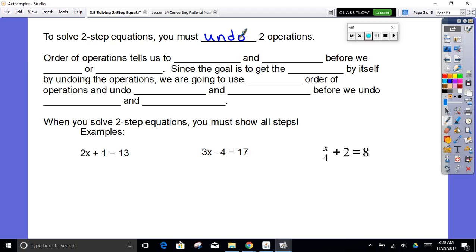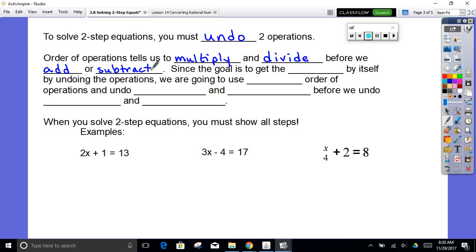Order of operations always tells us that we multiply and divide before we add or subtract. So if we look at this example down here, the 2x plus 1 equals 13, if we were evaluating that expression, let's say we don't have the 13 here.